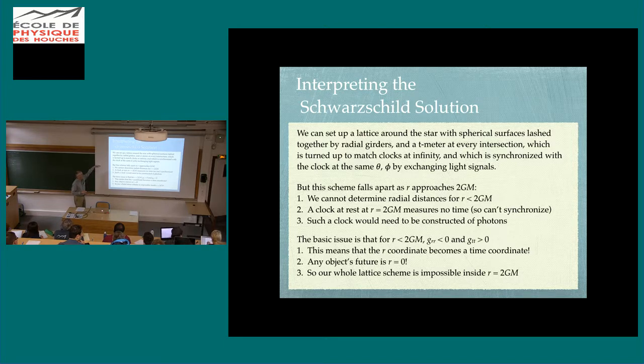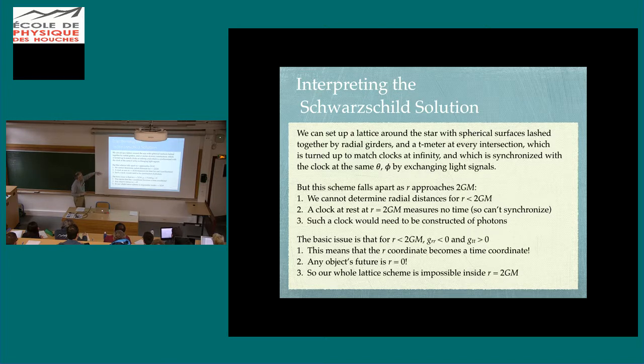And then I'm going to lash them together with radial girders, and I'm going to label all the points along a radial girder to have the same angular coordinates, and I'm going to label each point on each surface by the circumference that I measure around that spherical surface, and I'm going to divide it by 2 pi, and I'm going to put a sign up there that says r equals 5,000 meters or whatever.